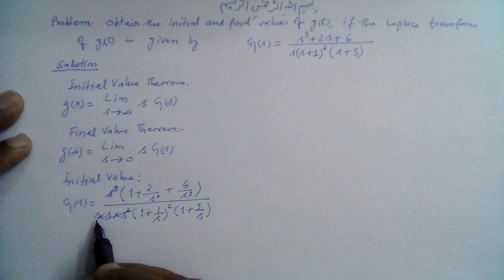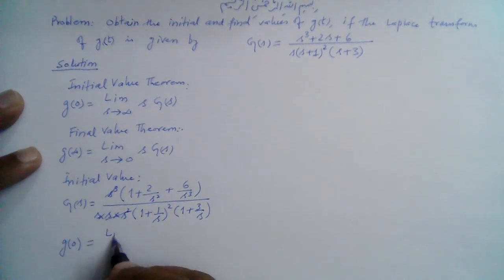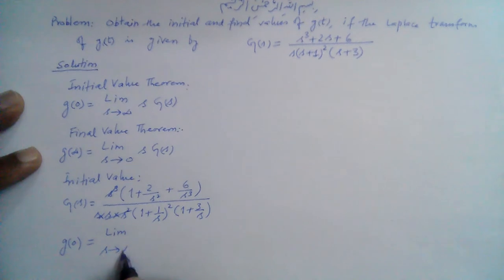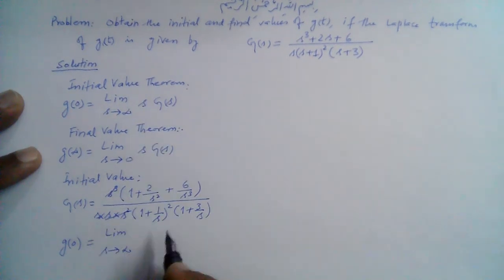So g of 0 is limit s tends to infinity, and we multiply this with s, so we have another s here now.